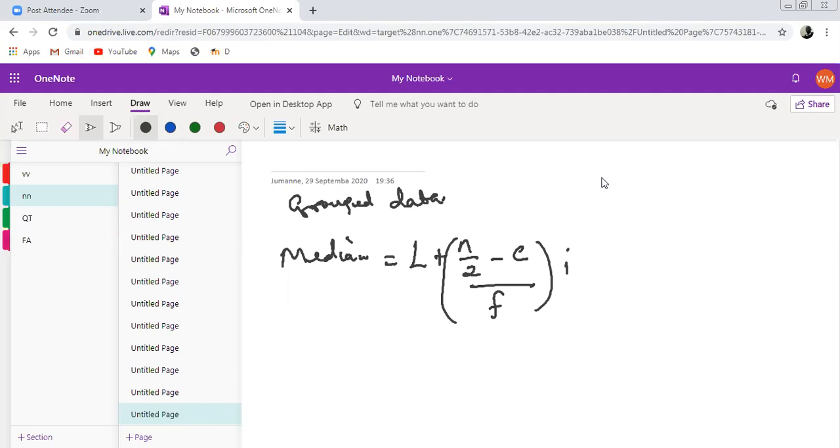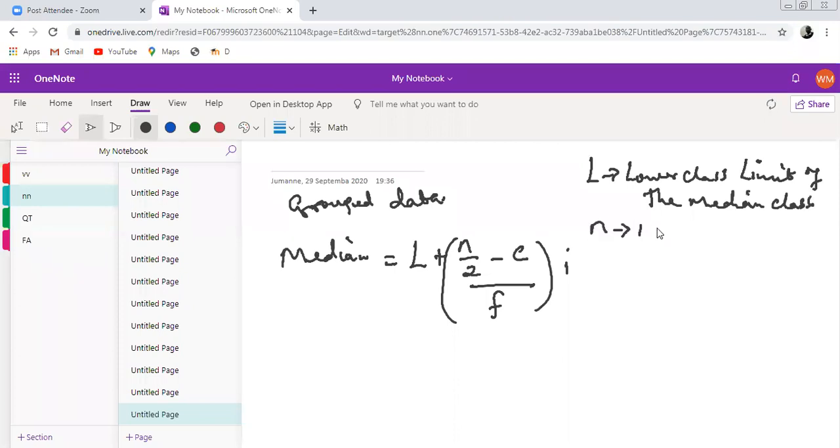L is referred to as the lower class limit of the median class. N is the total frequency.